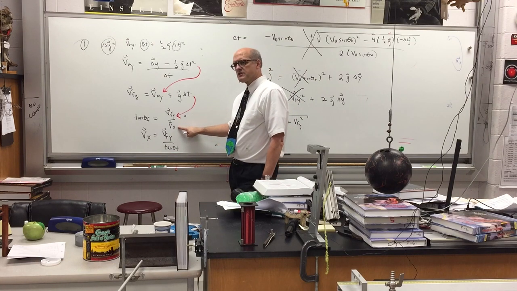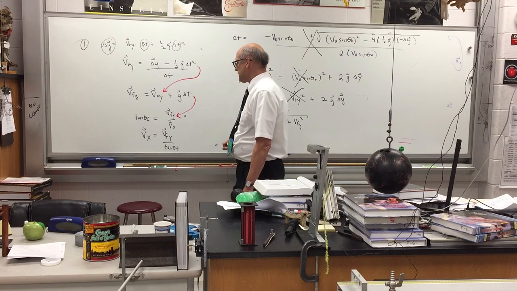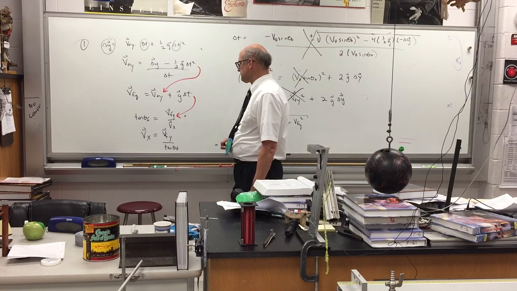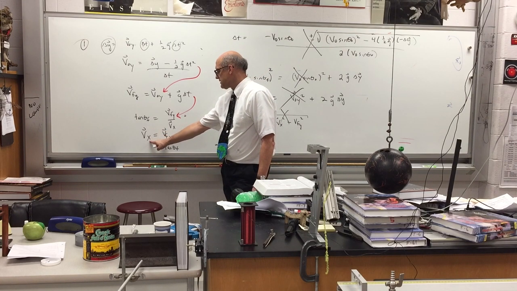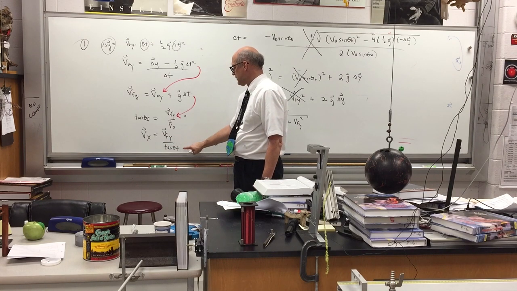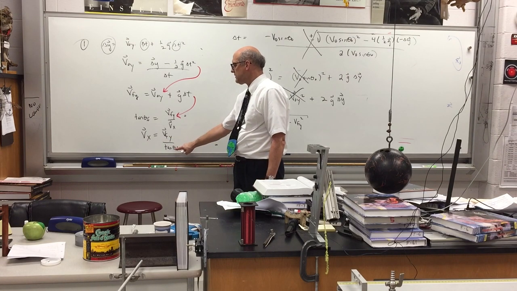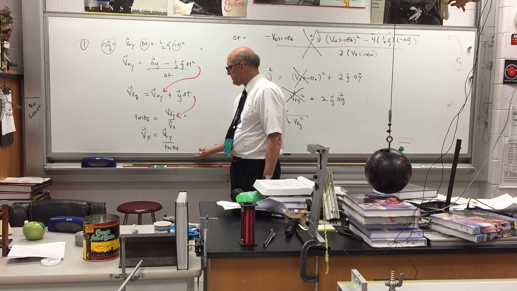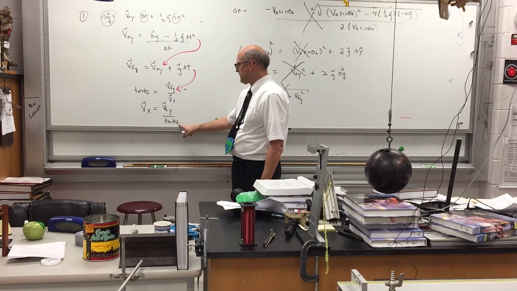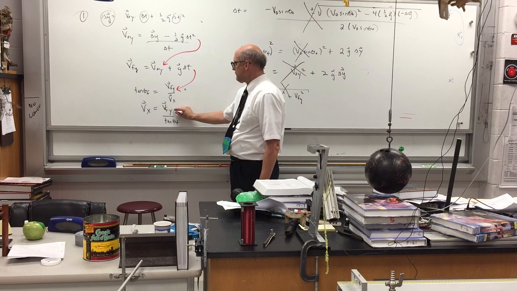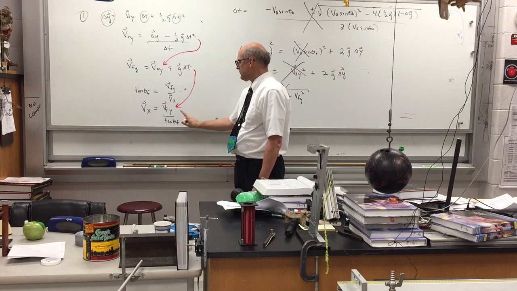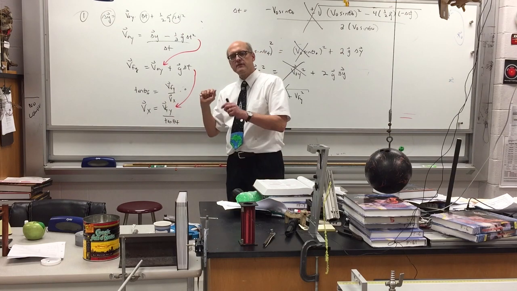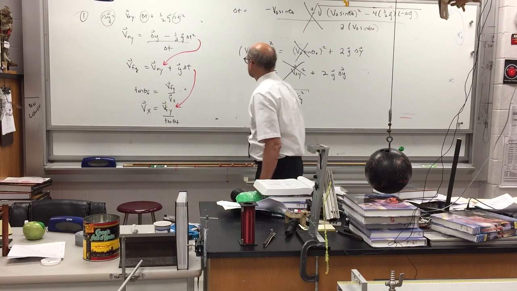but we don't know Vx. Okay. So what I did next is I solved for Vx, and I got VFY over the tangent of the final angle, theta f. So we know VFY, okay, so I can put that in here, and we know the angle, so we can get Vx, the velocity in the x.